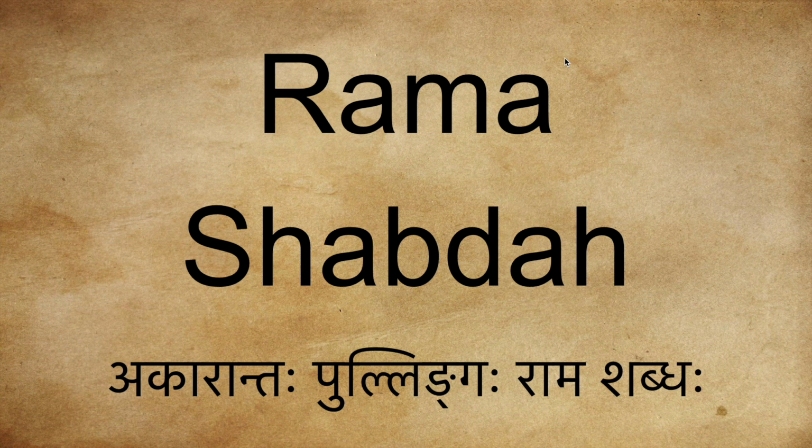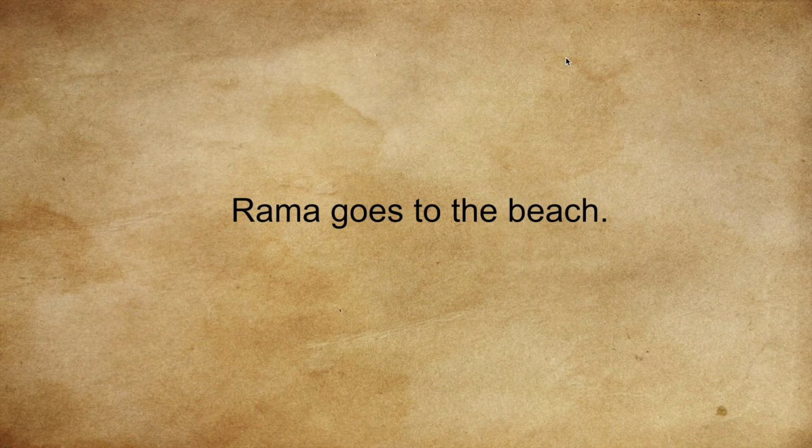Now let's recollect what a Shabdam table is. It's a fundamental aspect of Sanskrit grammar where we learn how to form a sentence correctly. More specifically, with reference to English grammar, a Shabdam table tells us how to combine a preposition and a noun correctly. For example, let's take the simple English sentence, Rama goes to the beach.